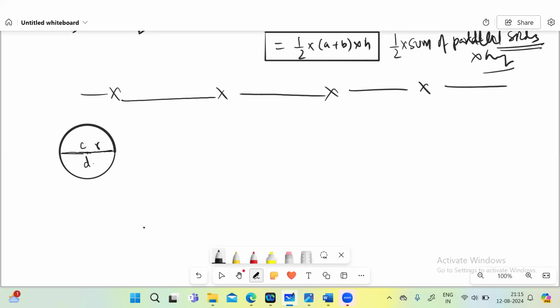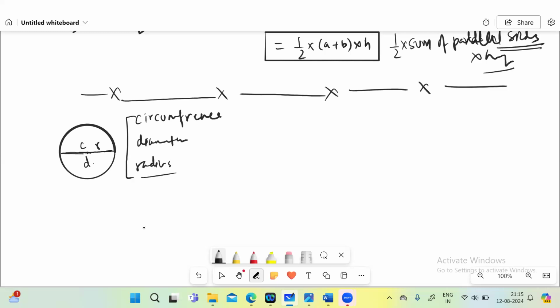So we have important figures like circumference, diameter, radius. These three things are there.